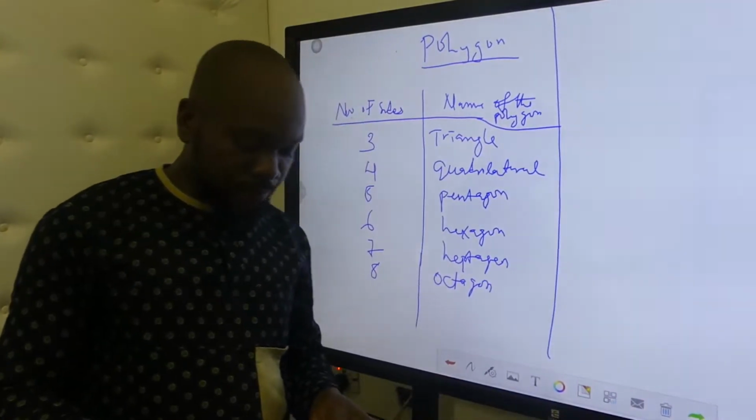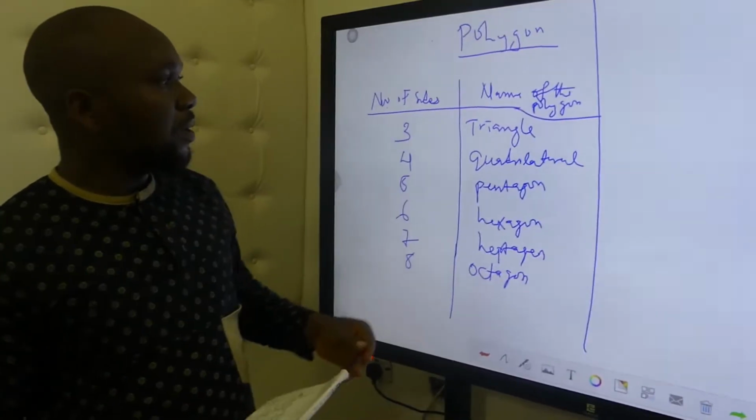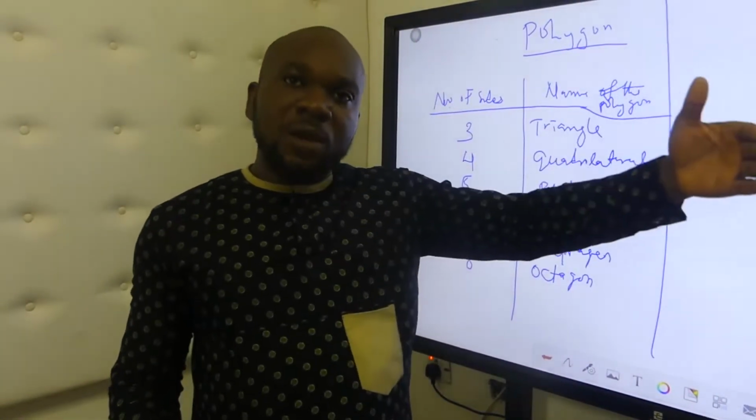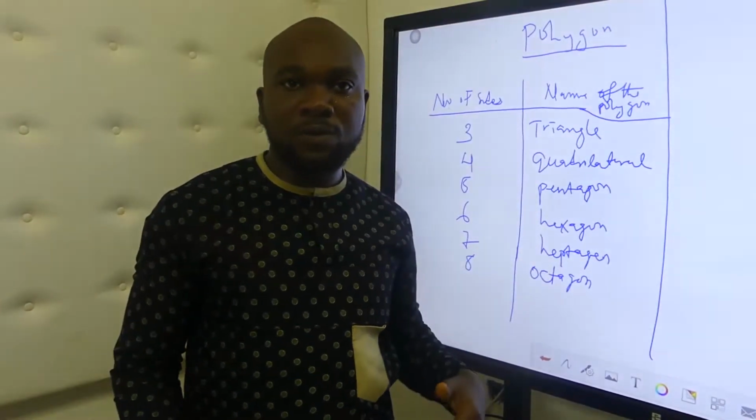Then, let us go to the sum of interior and exterior angles of a polygon.